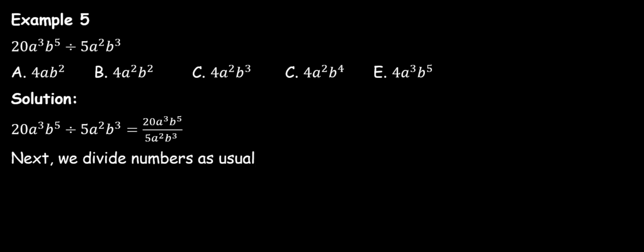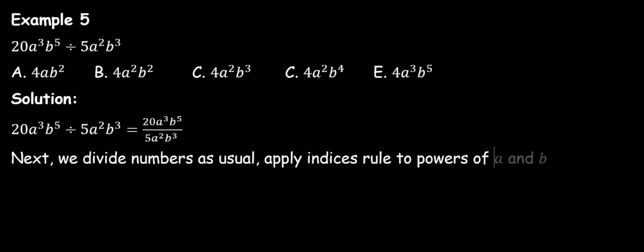Then we apply the indices rule to the powers of a and b. We have 20 divided by 5, which will give you 4. So you have 4 times a raised to power 3 minus 2, b raised to power 5 minus 3, which is equal to 4a raised to power 1 b raised to power 2, which is equal to 4ab squared.